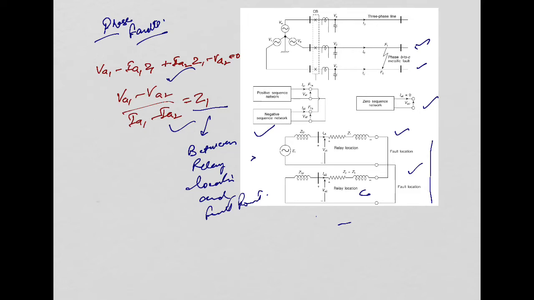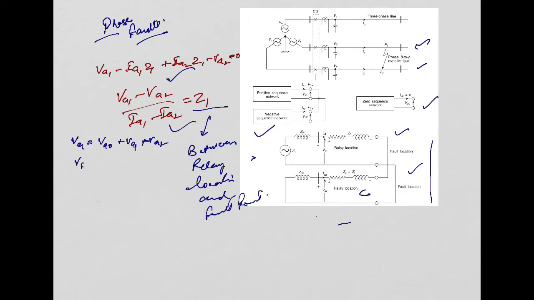So we know the fact that VA equals VA0 plus VA1 plus VA2.